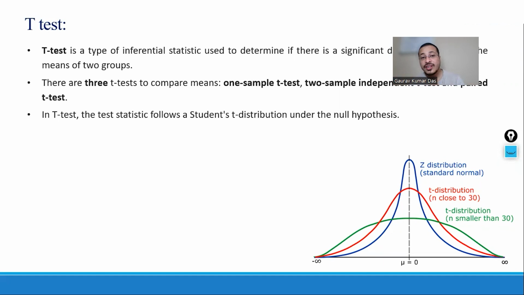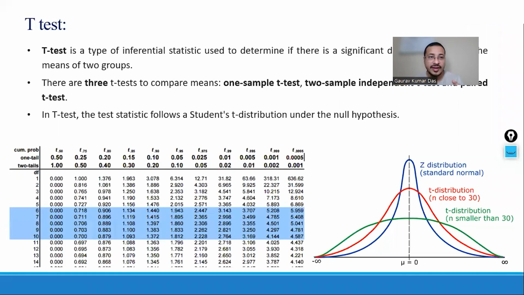So in the t-test, we assume that the data points belong to a student distribution, and the test statistic is calculated from the sample. If the null hypothesis is accepted, it means that it follows that distribution. Okay, we'll do some examples and all our doubts will be clarified.